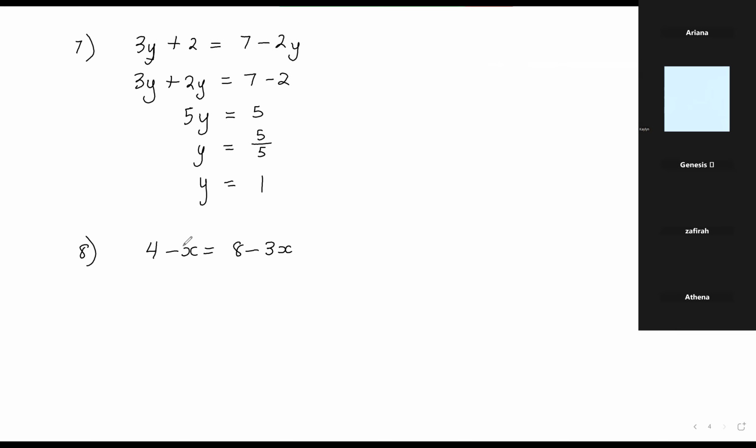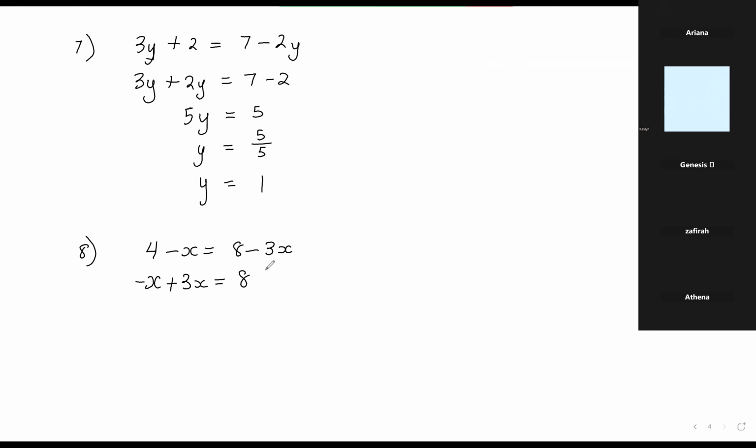Since we are going to keep the x's on the left-hand side, you'll bring down this minus x. You have to bring down the sign in front of it. And then you're going to move 3x to the left-hand side. Would it be plus or minus 3x? Plus. That's right. So it'll be minus x plus 3x, and then this would be equal to 8.